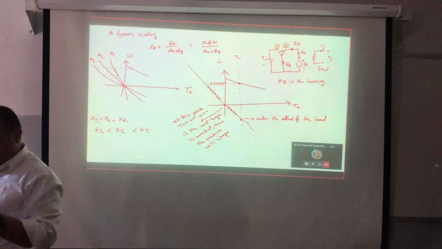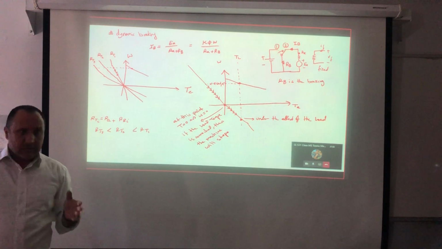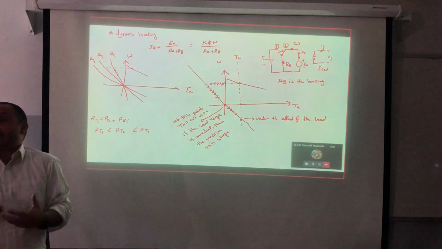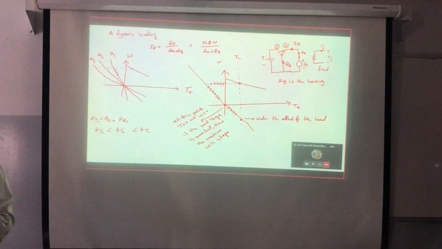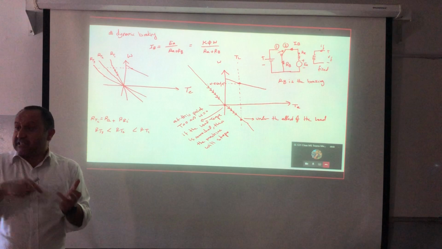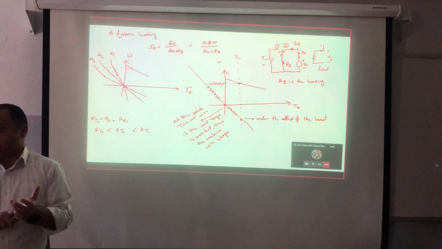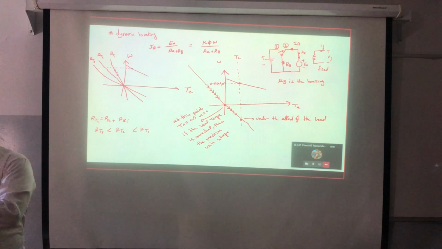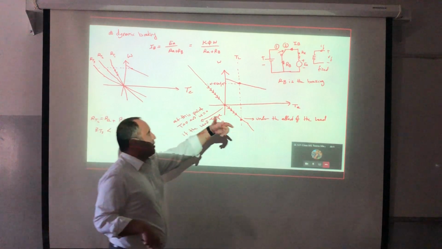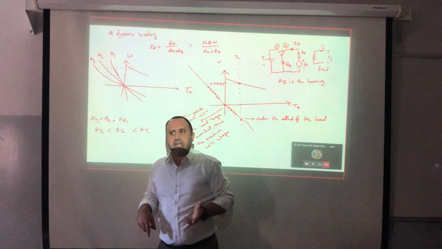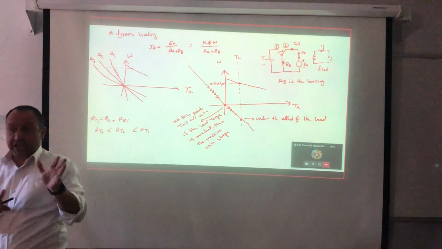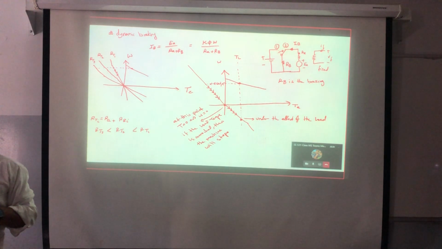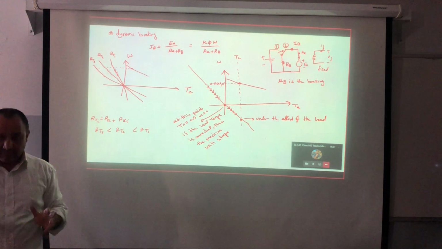So RB is put there to limit the braking current. Why? Because I need a mechanism to dissipate the energy. The energy can be dissipated inside the machine, which is dangerous, so I will dissipate it outside. Now I can open a lot of problems to design RB, either based on time, such that the machine will stop at t equal to 2 seconds, for example.